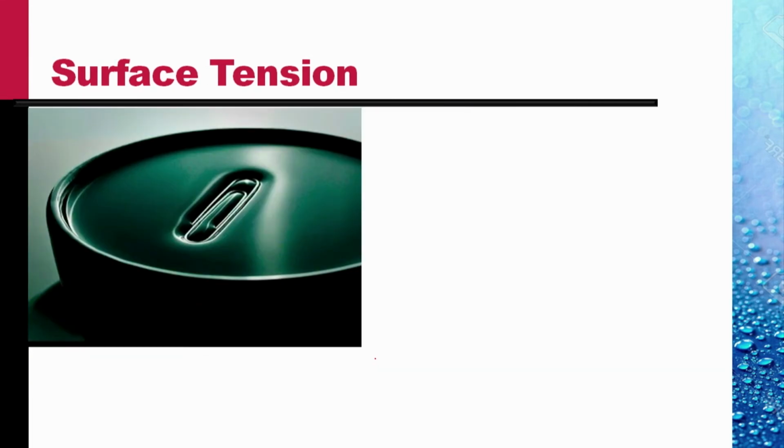Similarly, in this picture, we have a cup of water on the surface of which a paper clip is floating. What is supporting the weight of this paper clip? Clearly, it is not buoyancy because the paper clip is not submerged in water.